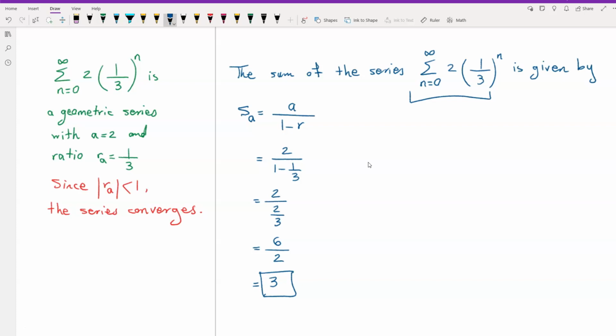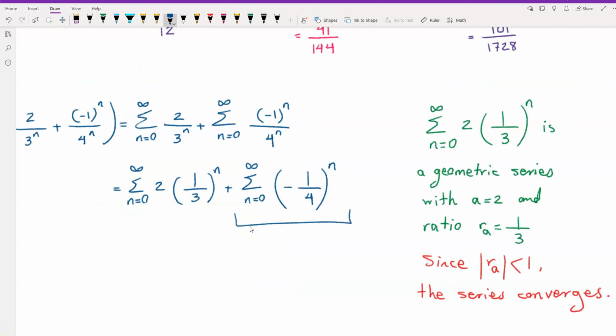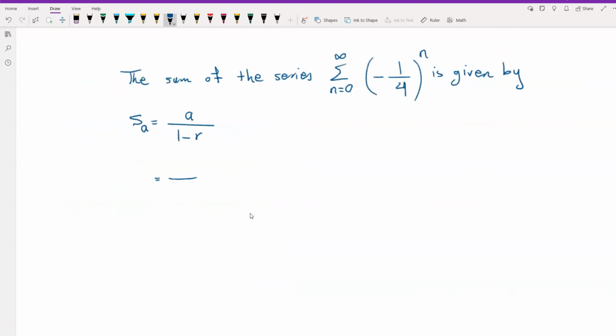And then the second part, that is what we have here. The sum of this series is given by s sub a equal to a over 1 minus r. In this case, what we have outside is equal to 1, so we have 1 times negative 1/4 to the n power. What we have inside, raised to the power, is negative 1/4, that is r.